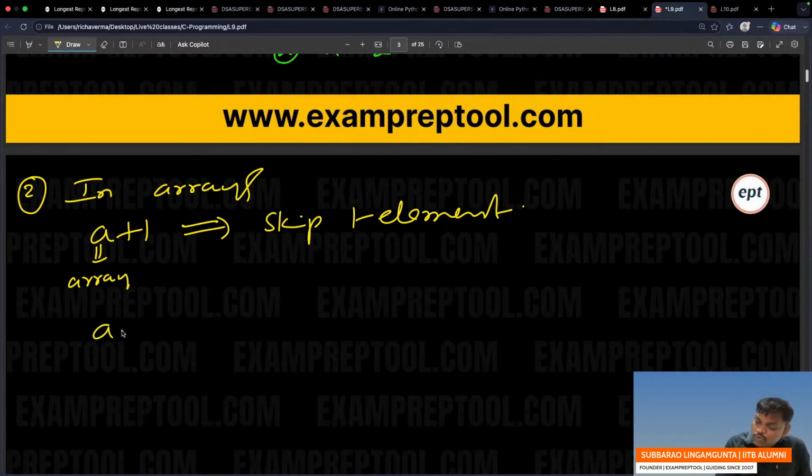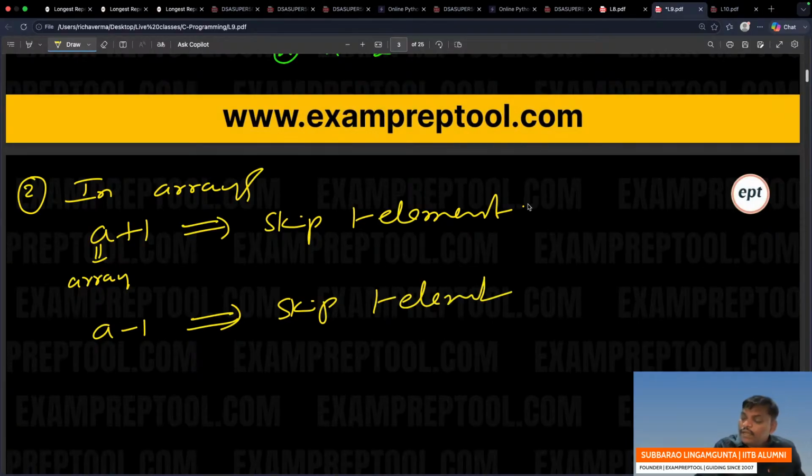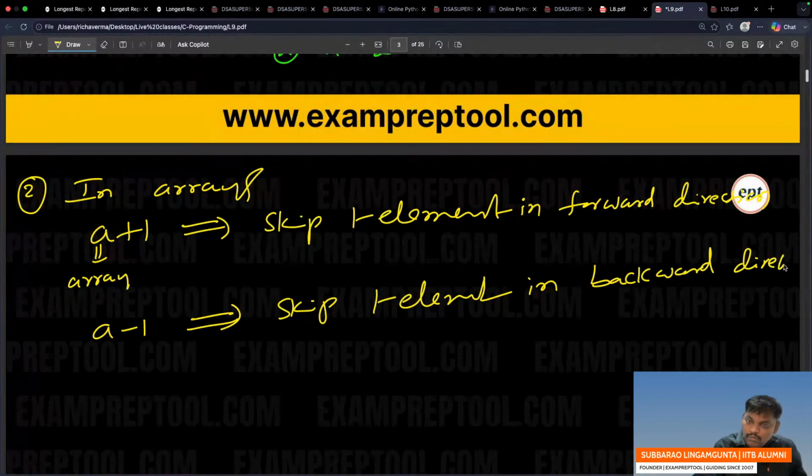Next one, A minus 1 means skipping one element in the backward direction, like this. So there is no assignment, that is true.